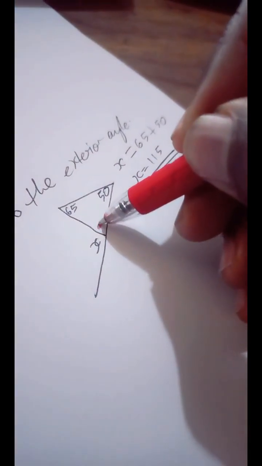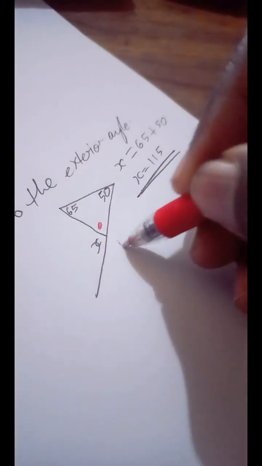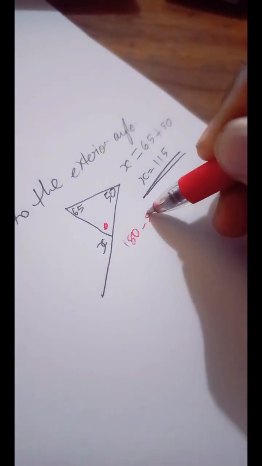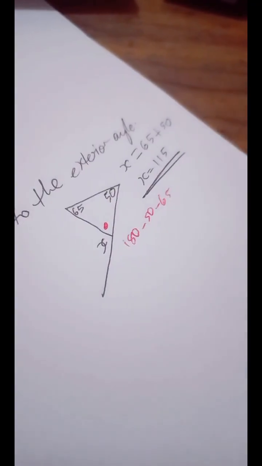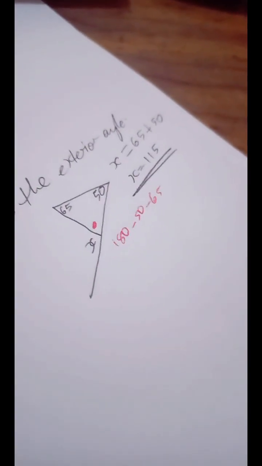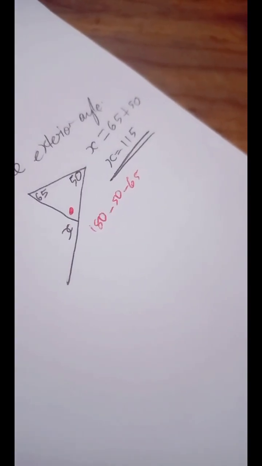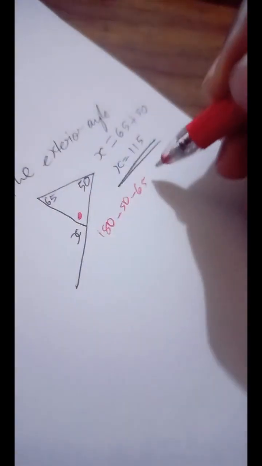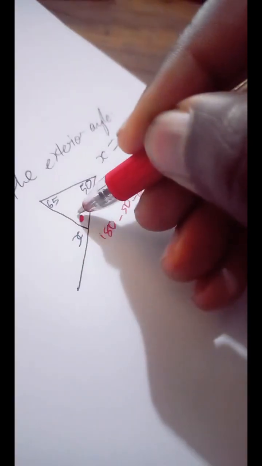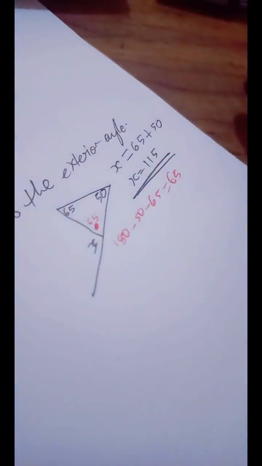Let's take the longer route. We first have to calculate this. So we are going to say 180 minus 50 minus 65, which gives us 65. Which means this angle is 65.